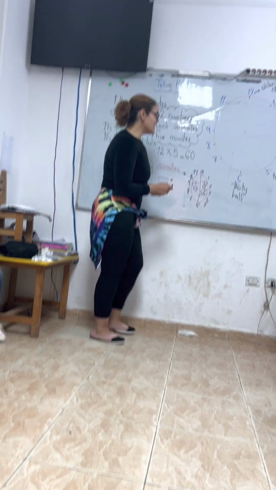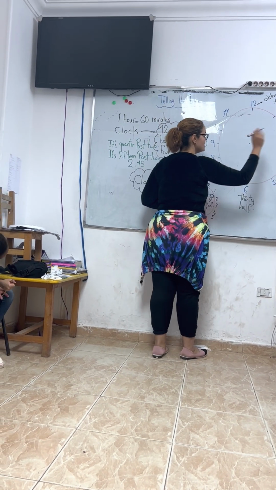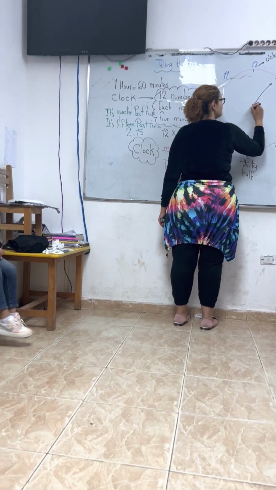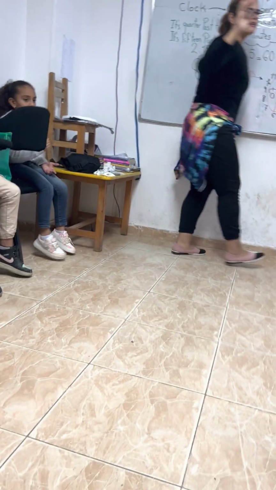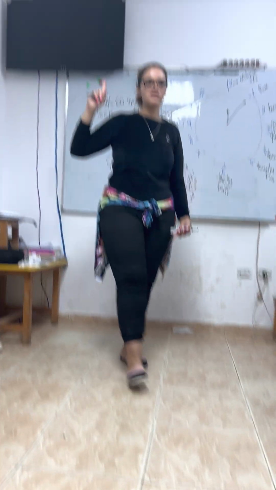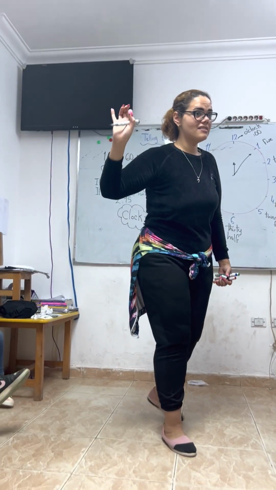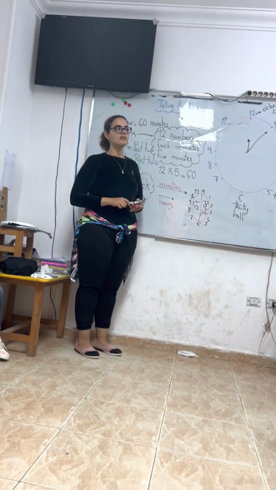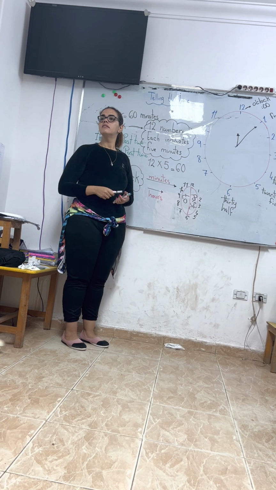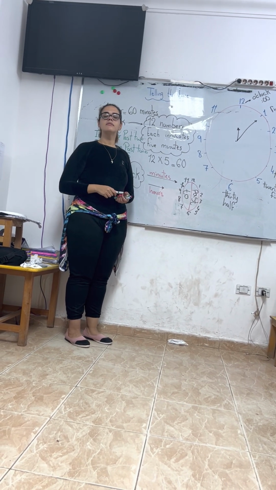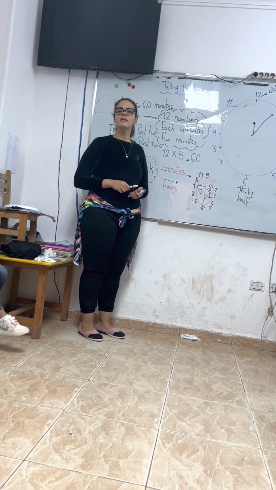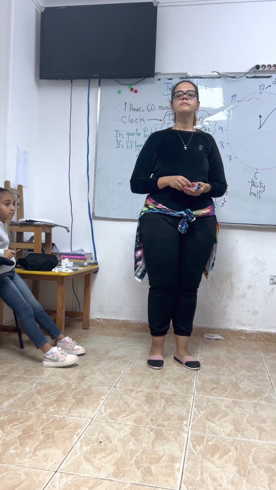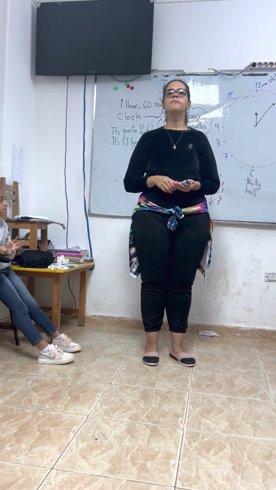Okay. Reading this part, for example, if I write the biggest arrow for 1 and the smallest arrow for 12. Guys, we read the biggest first. We read the biggest first. What is the time? Lily? It is 5.